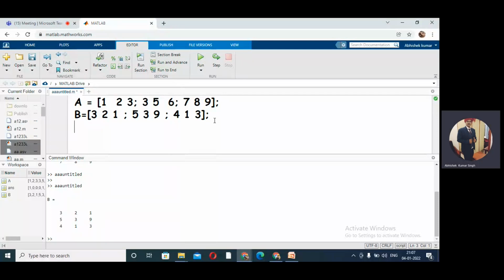Okay. Now we have C equal to A plus B. So this is the addition of two matrices.